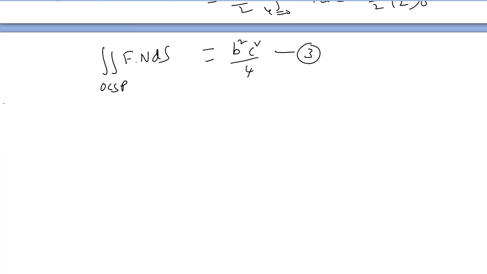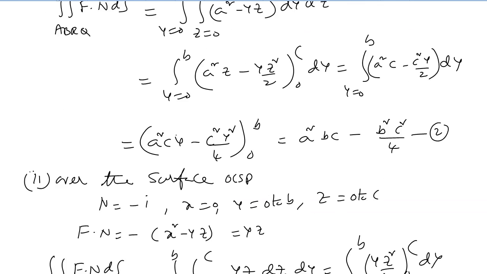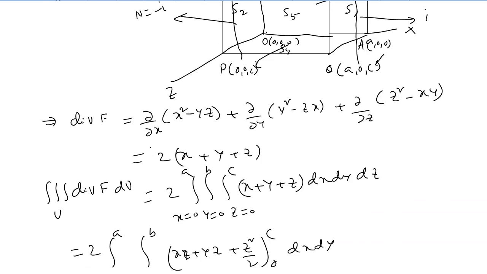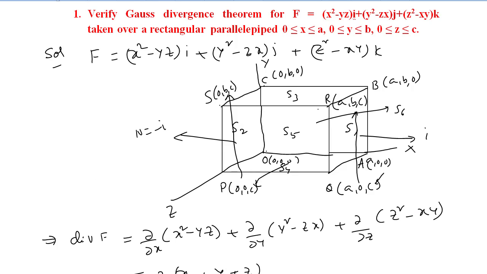Now the third surface. SRBC. In SRBC, n equals j, y equals b, if you observe.